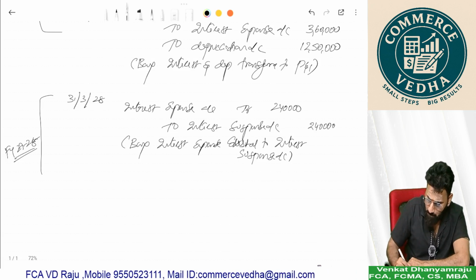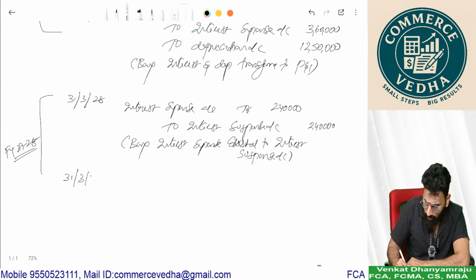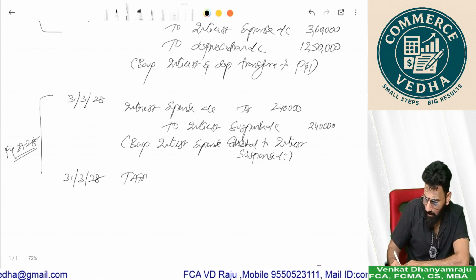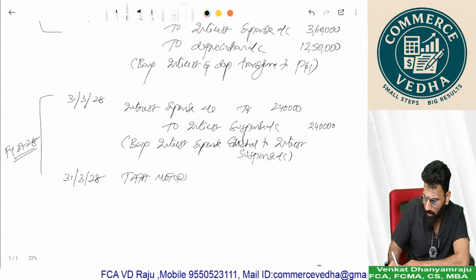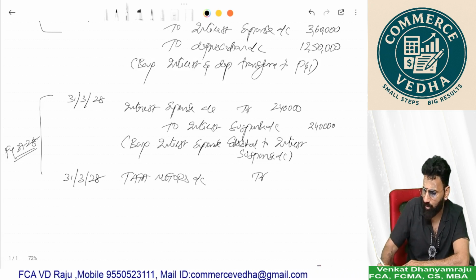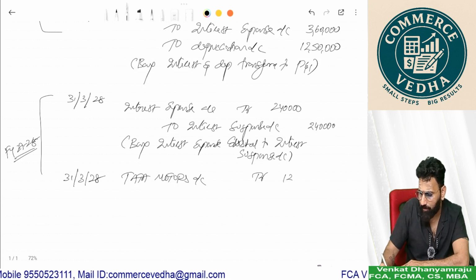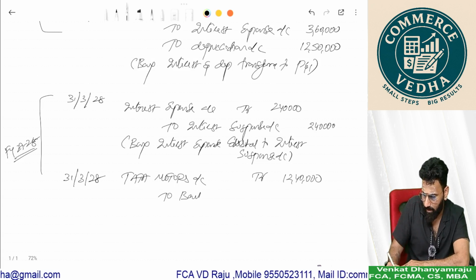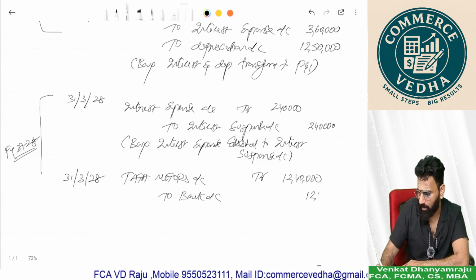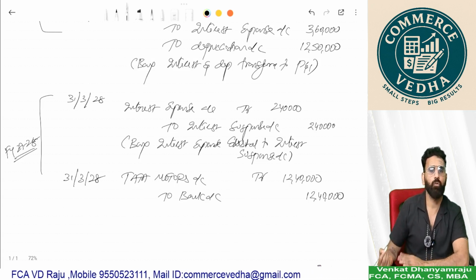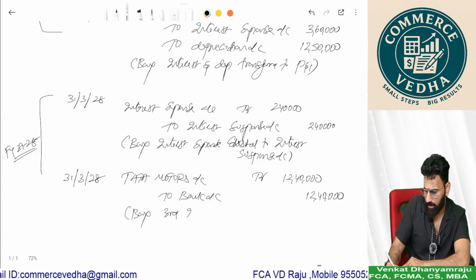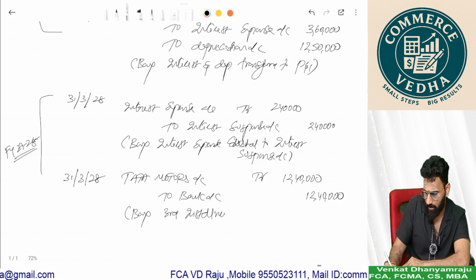And then 31/3/28, Tata Motors account debit 10 lakhs plus 2 lakh 40,000, 1240 to bank account 1240. Will write being third installment paid.